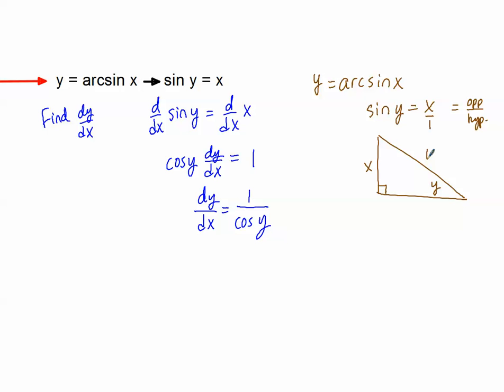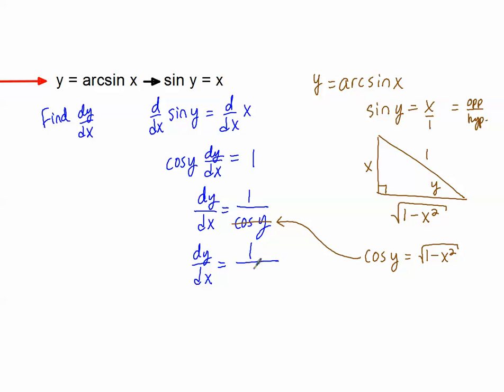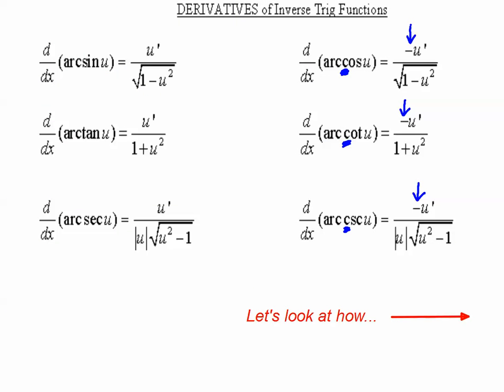Use our Pythagorean theorem, c squared equals a squared plus b squared, to find that b is the square root of 1 minus x squared. Therefore, the cosine of y, which is adjacent over hypotenuse, is the square root of 1 minus x squared. And there we have it. Plug it in here, and now we see that dy dx is 1 over the square root of 1 minus x squared. That's our derivative that we saw at the top of our notes.